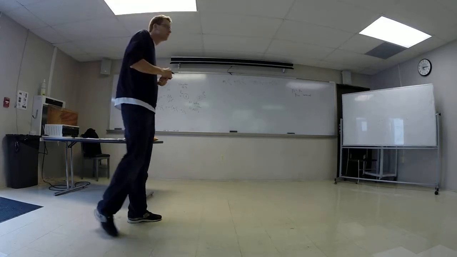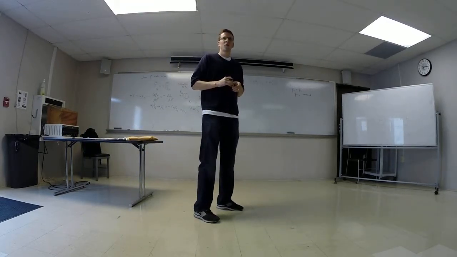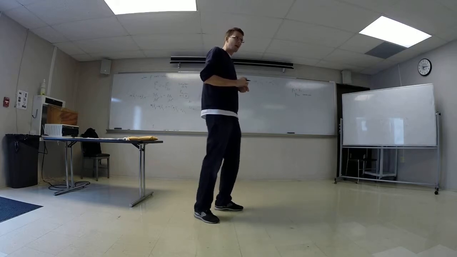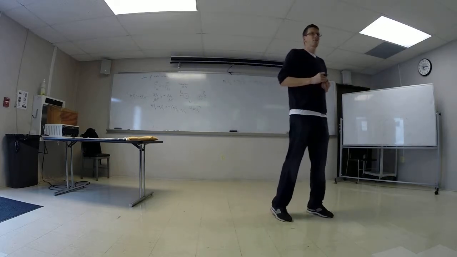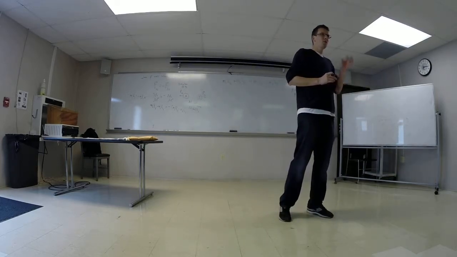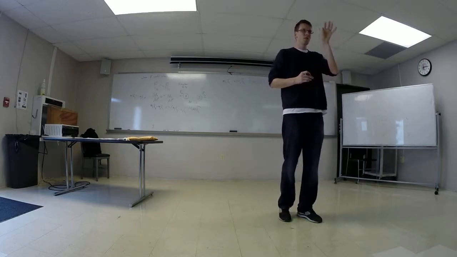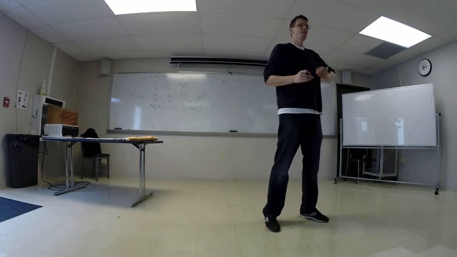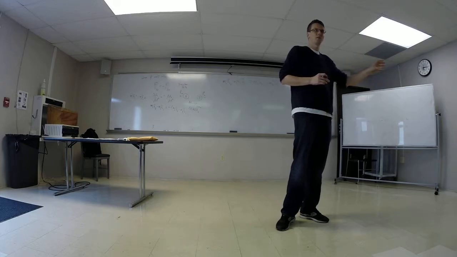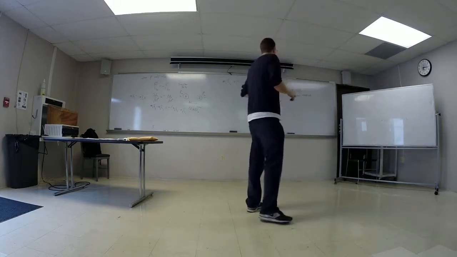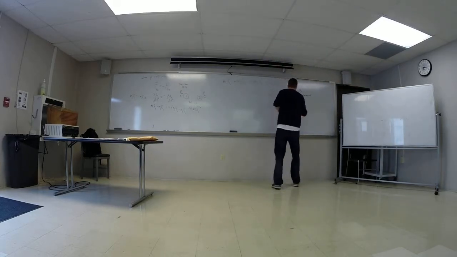Okay? So if we define momentum like this, momentum is mass times velocity, we find that if Newton's third law is true, it means that the momentum of the system is conserved. Okay? So here's what we have.